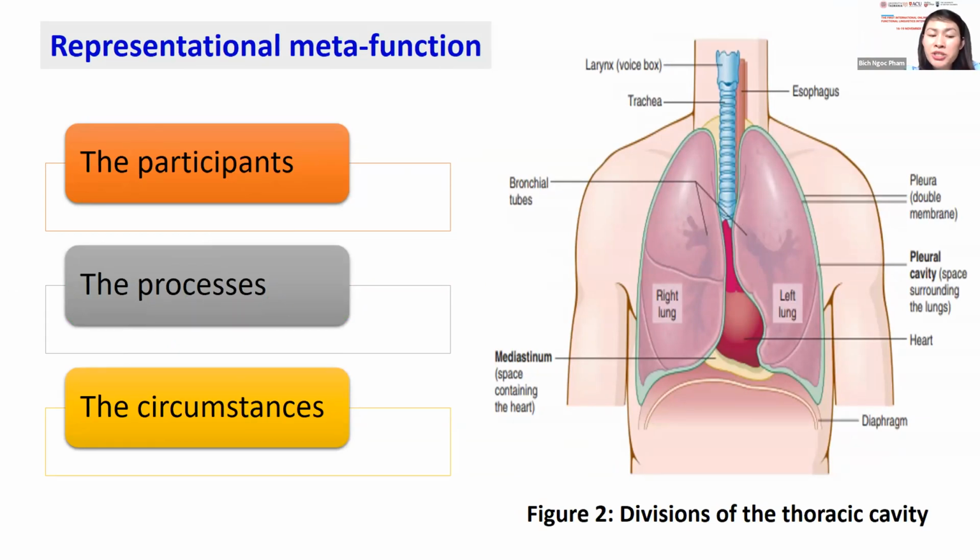So the figure incorporates only one represented participant, displayed as a body anatomy that shows the thoracic cavity. It is divided into 2 smaller cavities. So in that regard, the one represented participant plays the role of actor.